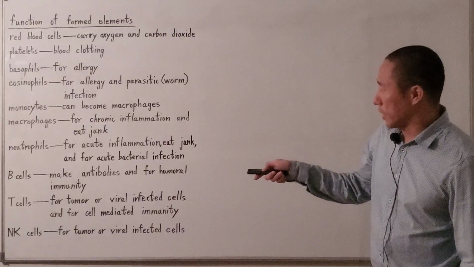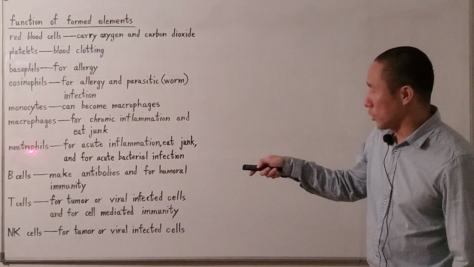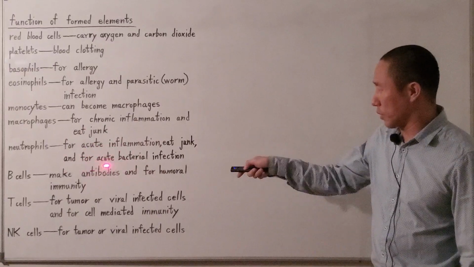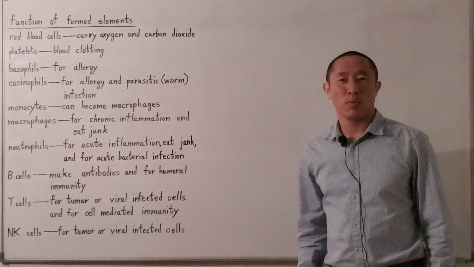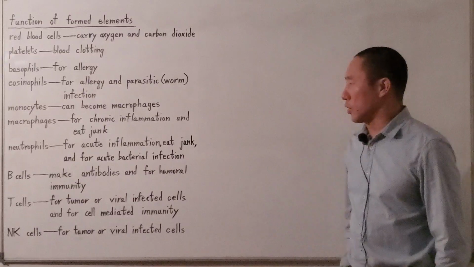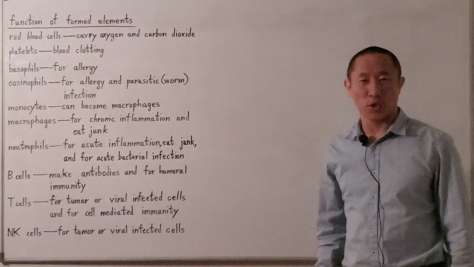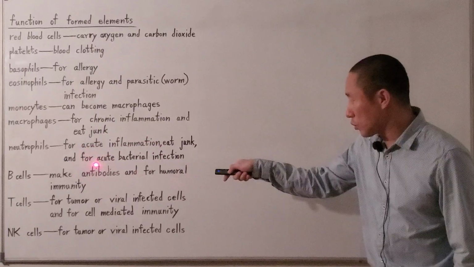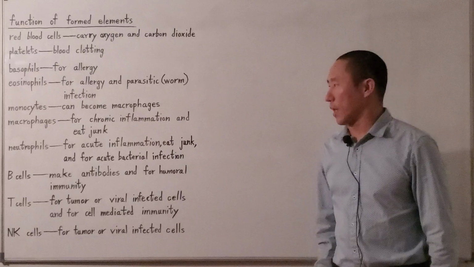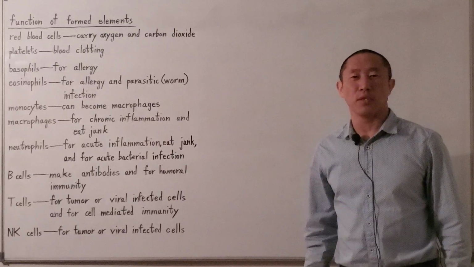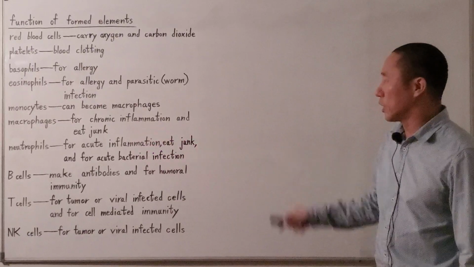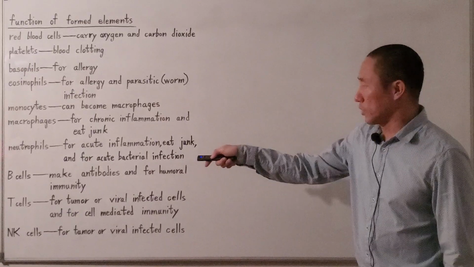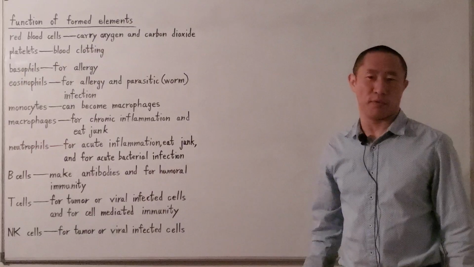Just remember that when it is new, it is Q. So when we say new, it means neutrophil, and Q is for acute inflammation and acute bacterial infection. And how can we remember that neutrophils also eat junk? Think of eating junk as a form of nutrition for neutrophils.